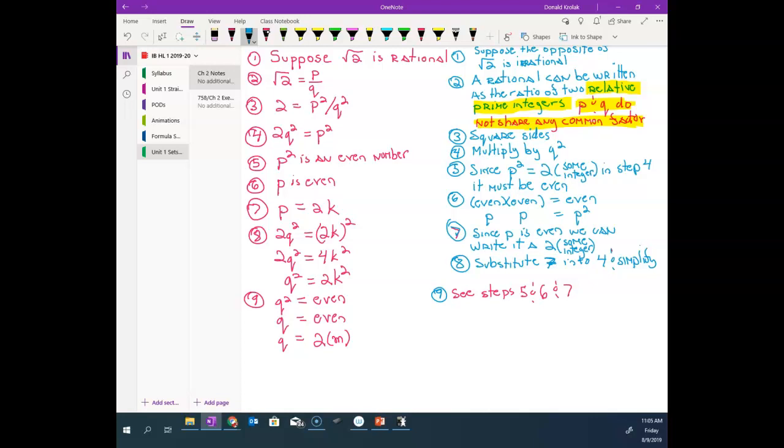Okay, now we're ready to set up the big contradiction. That was proving. Right. So now this is how we create the contradiction. If we take the result of 9, so we're going to substitute the result of 9 and the result of 7 into step 2.